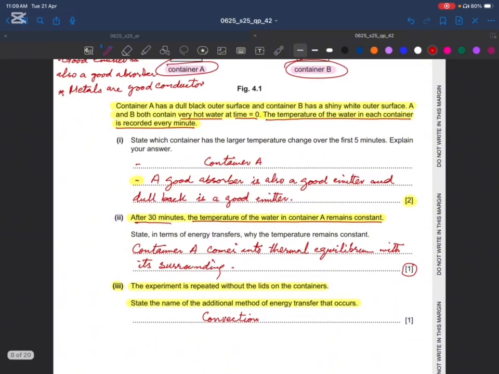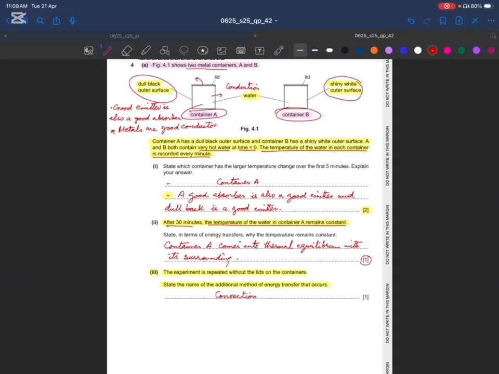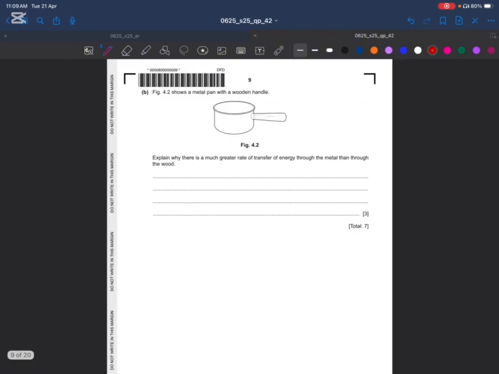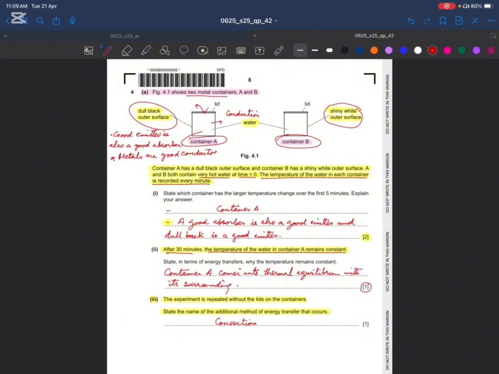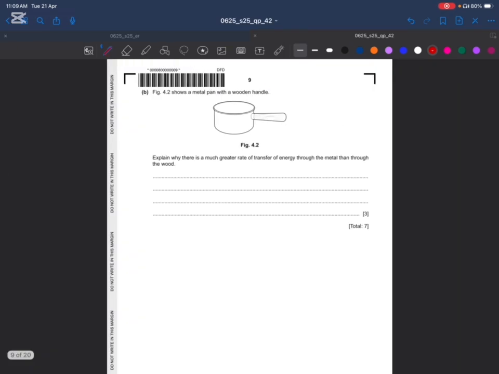Convection is the movement of energy along with the matter. So with the lid on, only conduction is taking place, but as soon as you remove the lid, convection will also take place.